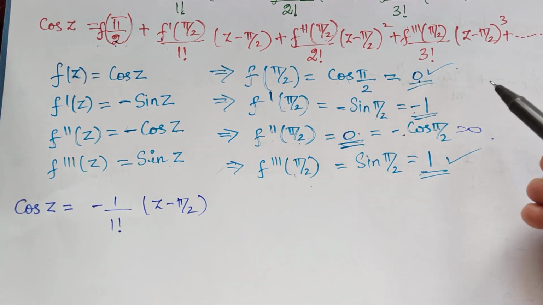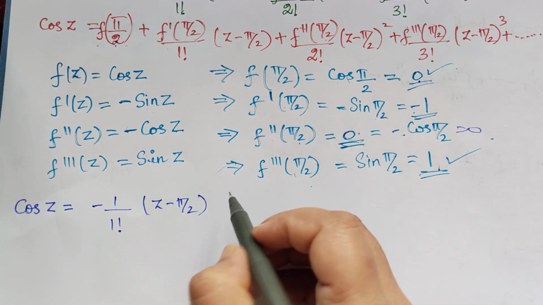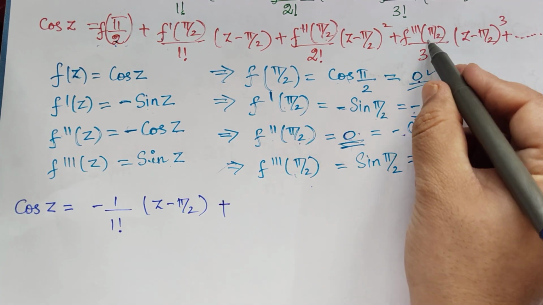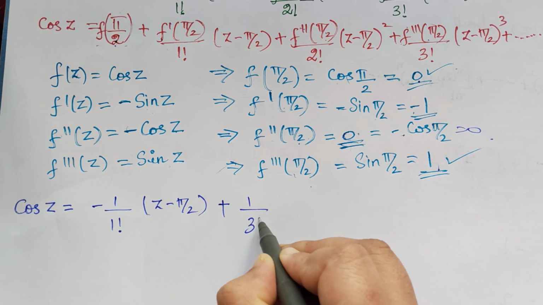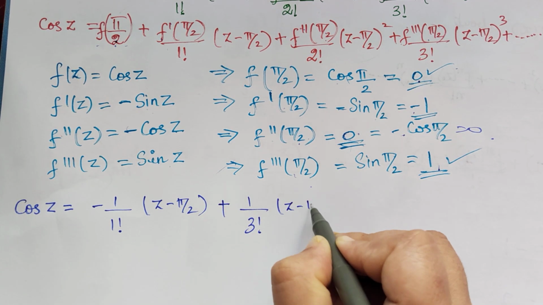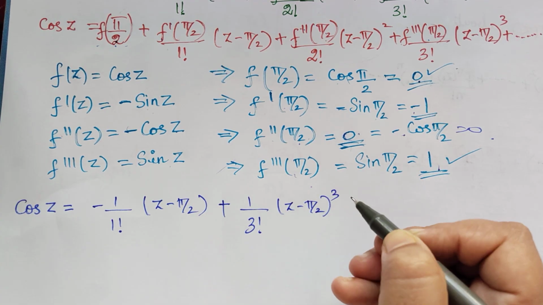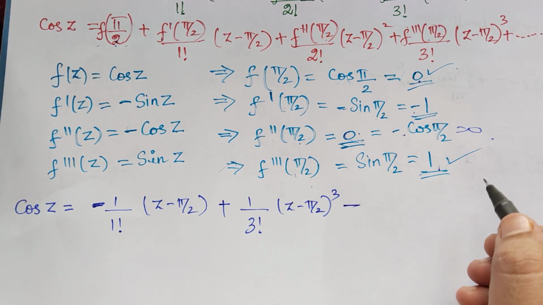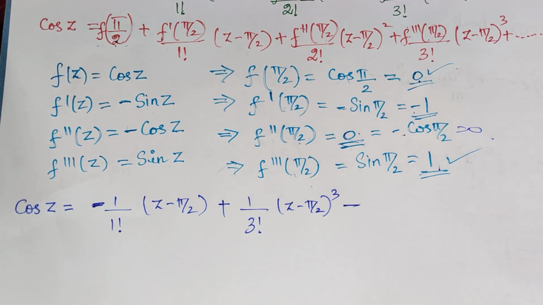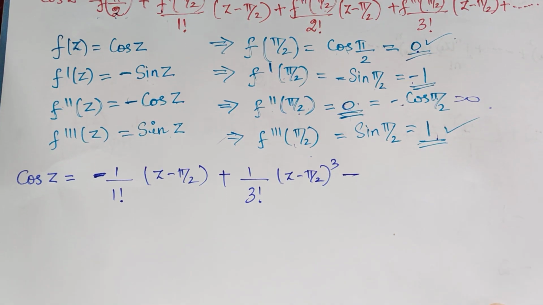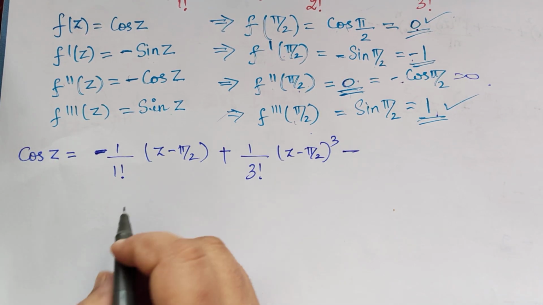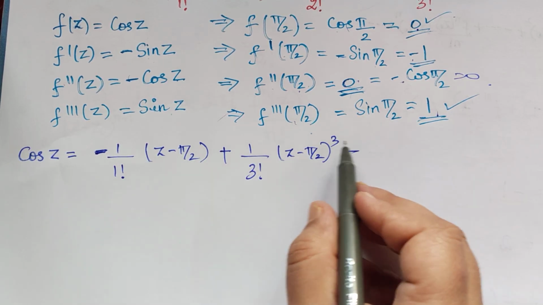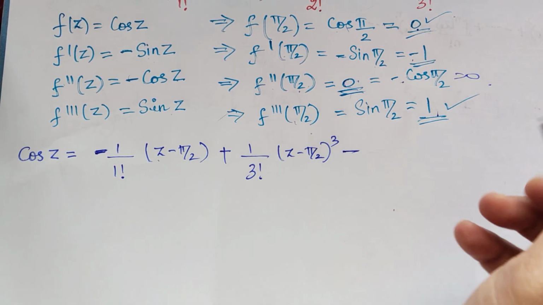F triple dash of pi by 2 is 1, so we get plus 1 by 3 factorial z minus pi by 2 the whole cube. Since here we had a minus, the next term will be negative, and the signs alternate between positive and negative. And we observe that we have only the odd powers of z minus pi by 2.